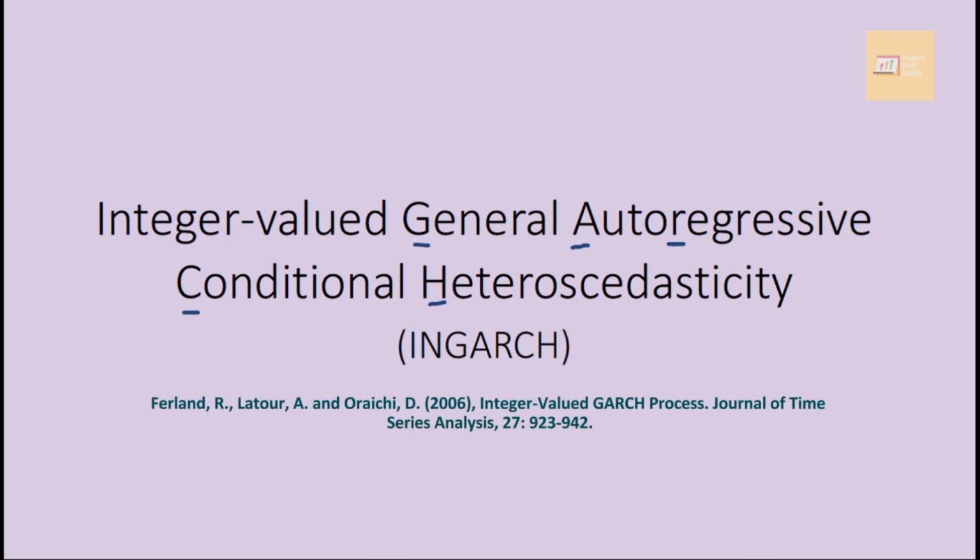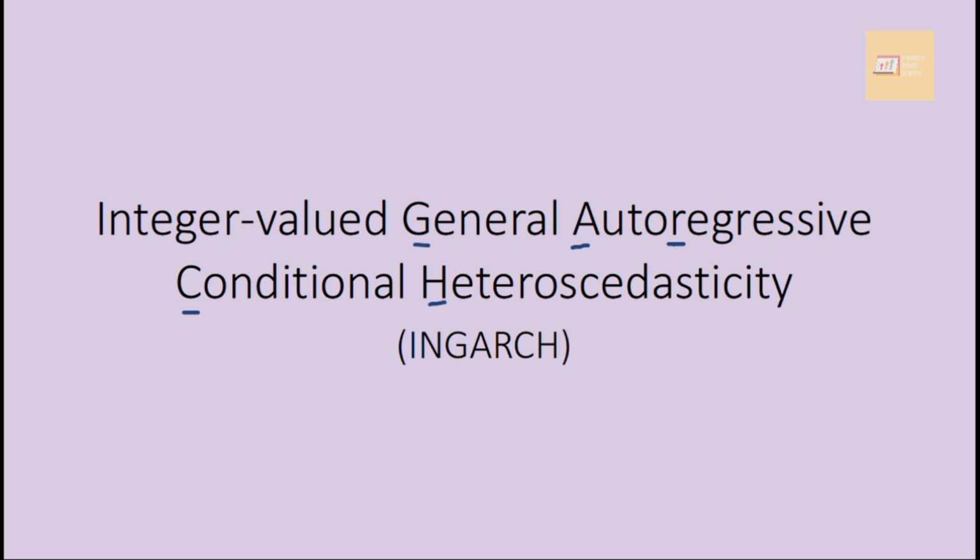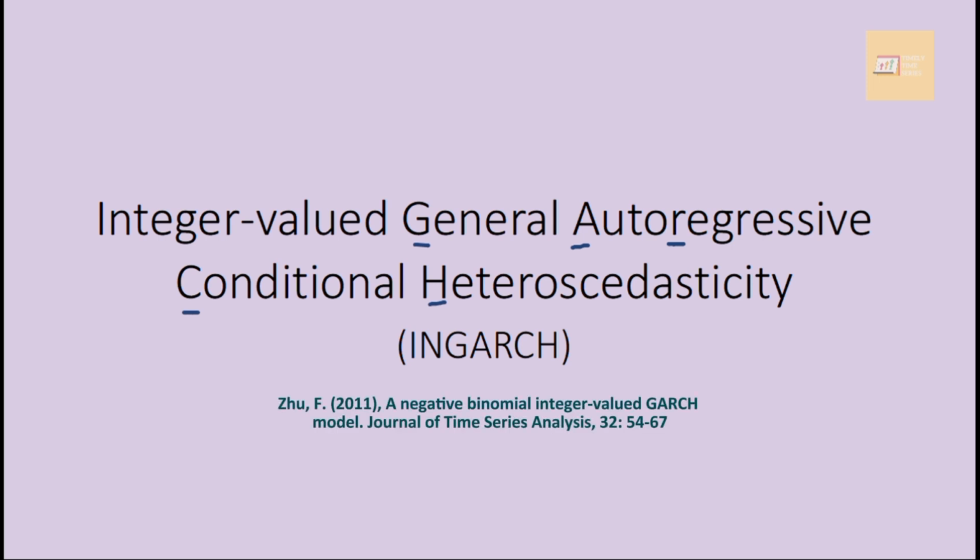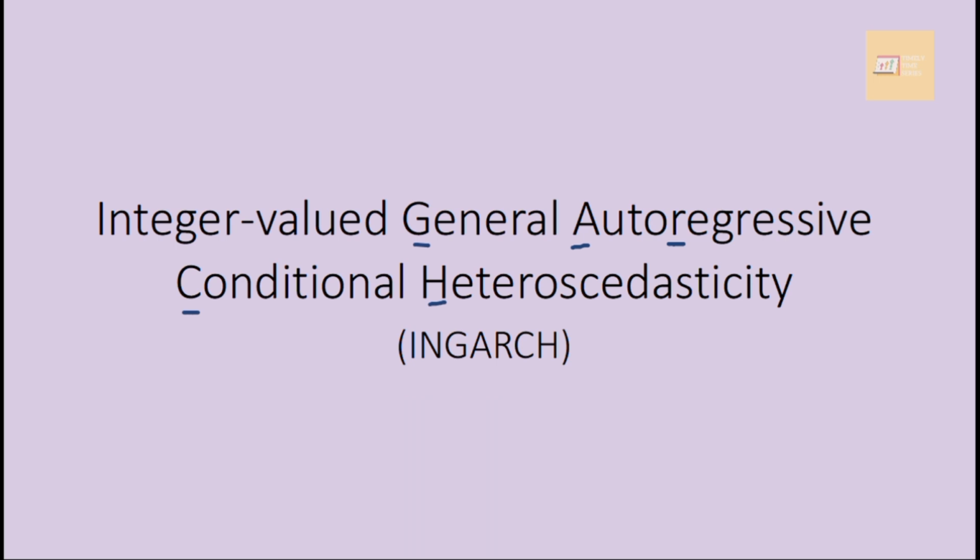When INGARCH was first developed, it used Poisson. That was in 2006, and then 3 years later, a negative binomial distribution for INGARCH was developed. And so we're going to use both of them.